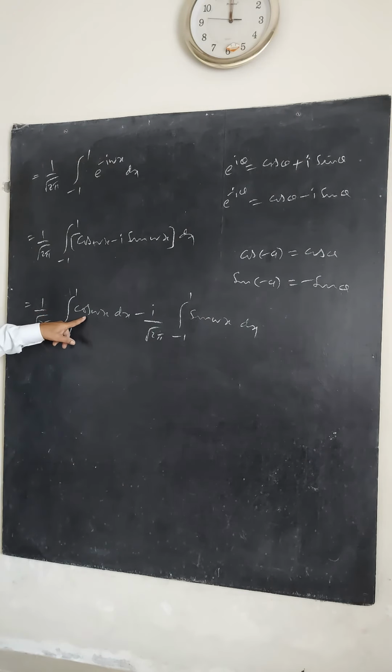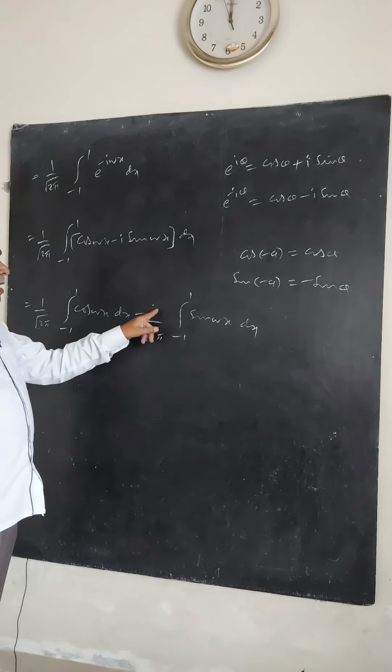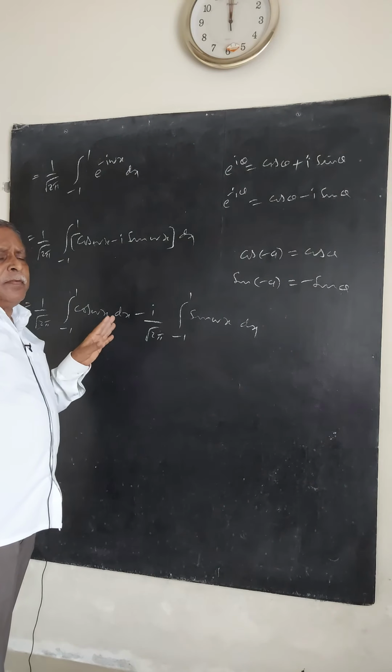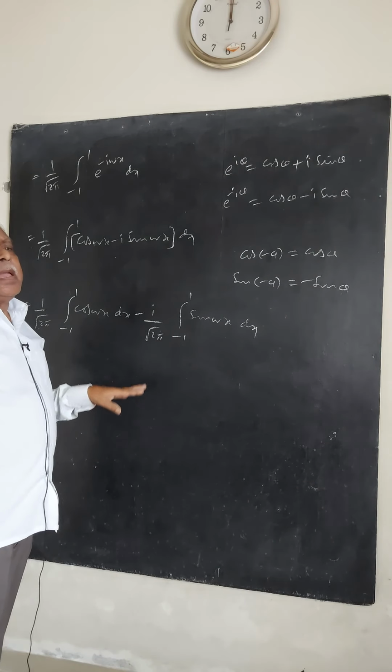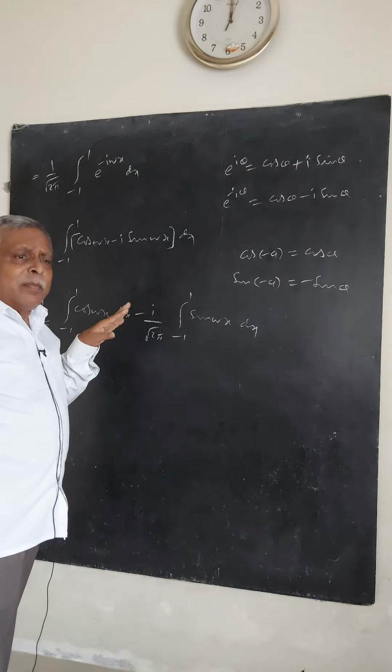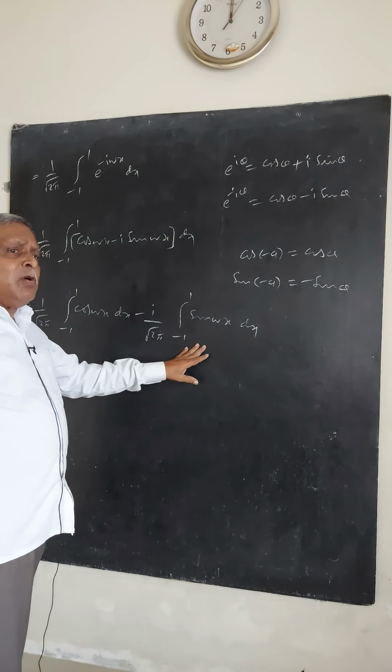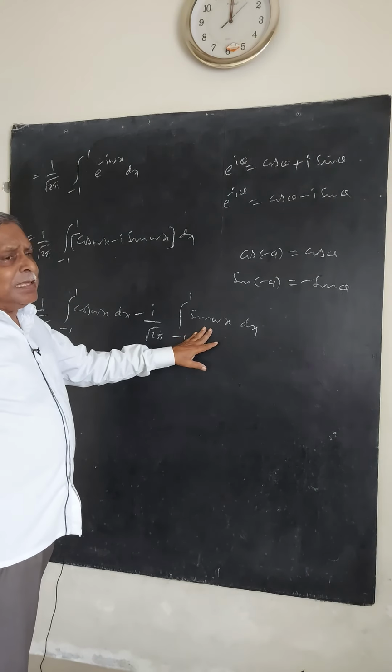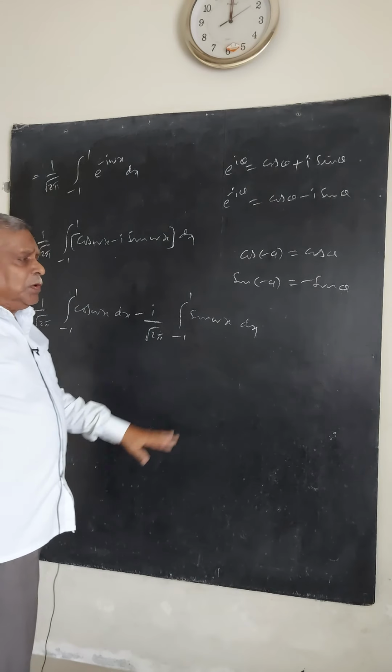Whenever no negative comes out over the limit minus 1 to 1, it is an even function. In most cases, in the complex form of the Fourier transform, the imaginary part, being an odd function, will always become 0.